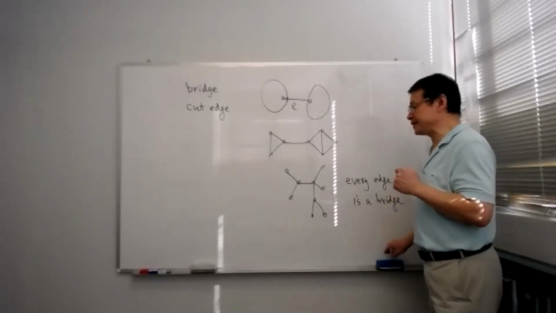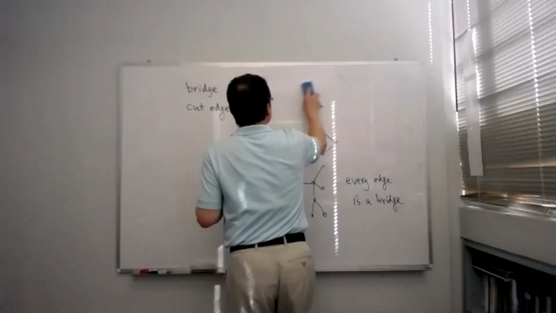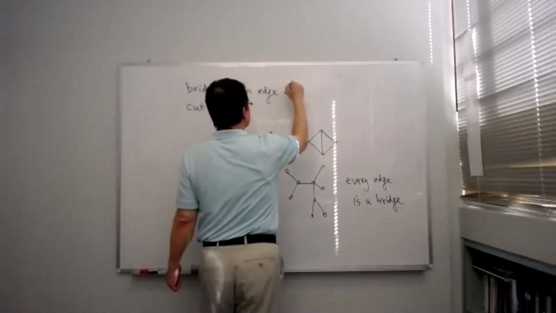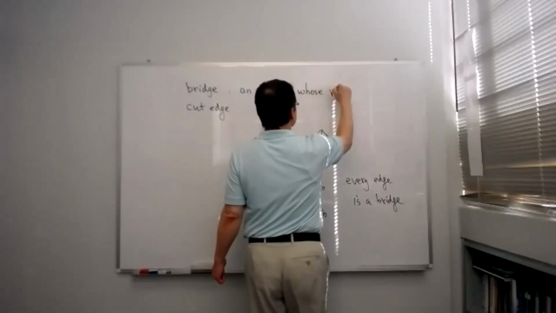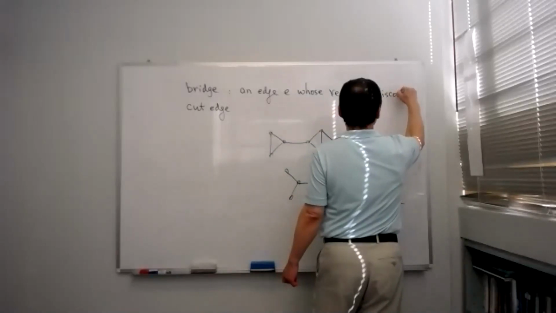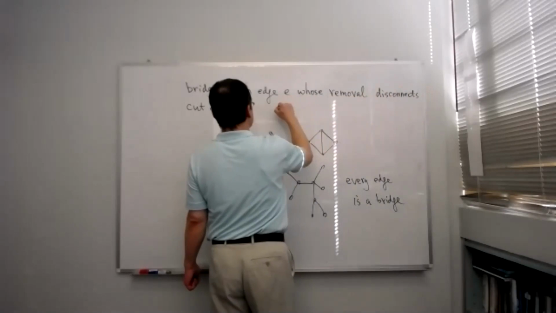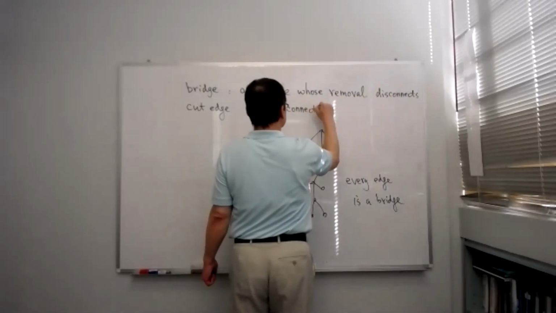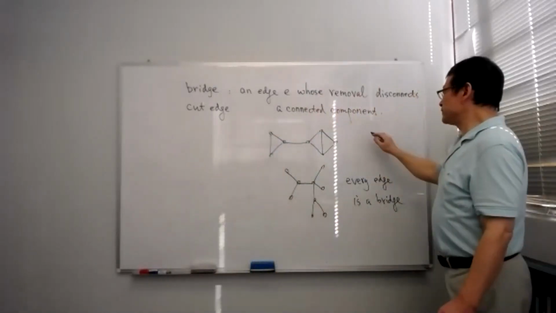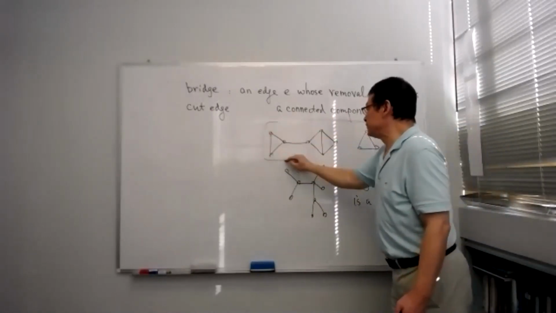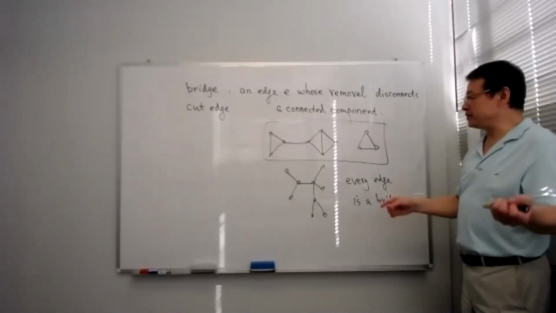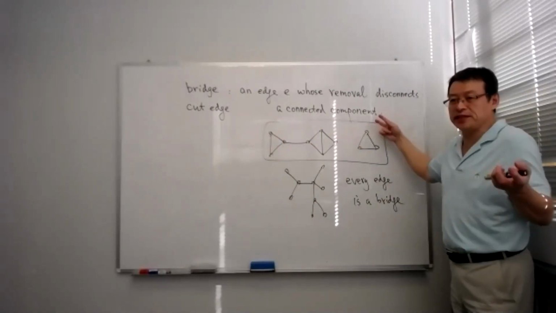In general, if the graph may be disconnected already, then removal of any edge could seem to break it into pieces.